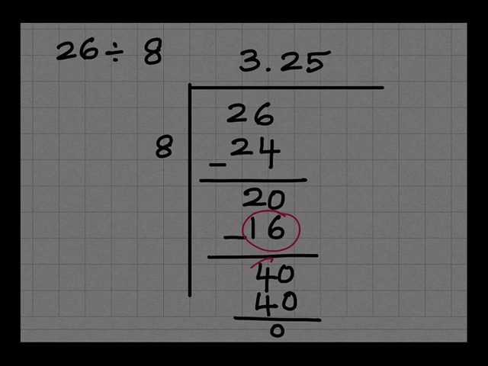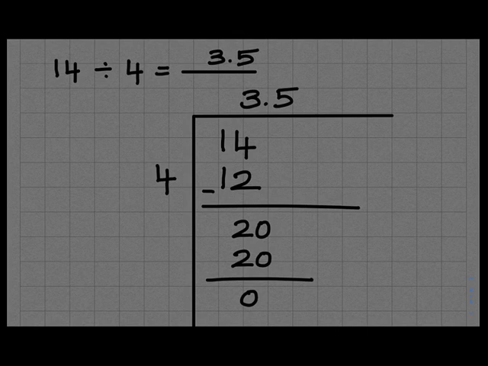When you subtract, you get 4. And now you can add a 0 to it, so it becomes 40. How many 8s go in 40? 5. 8 times 5 is 40. So let us write the 40 down here and subtract; same number minus same number is 0. So the answer is 3.25. This is the quotient, and the quotient is the answer.